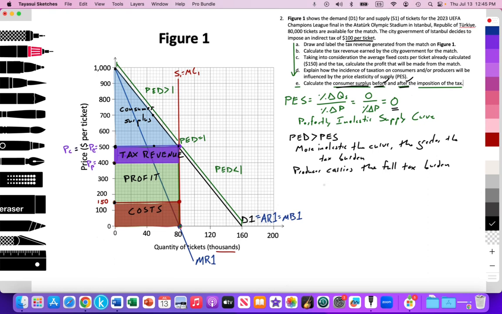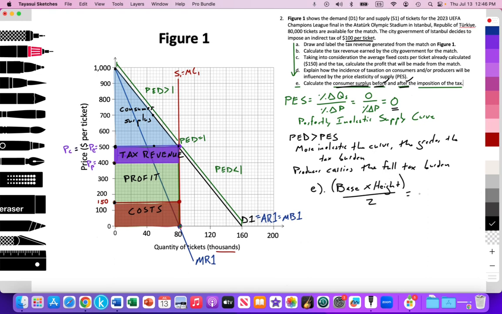Okay, so let's check your work for question E. The consumer surplus is calculated as, here we can see, a triangular area, and it's going to be the base of that triangle multiplied by the height of that triangular area, and then all of that divided by 2 to get that triangle.